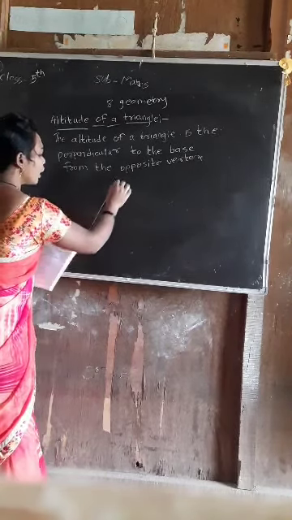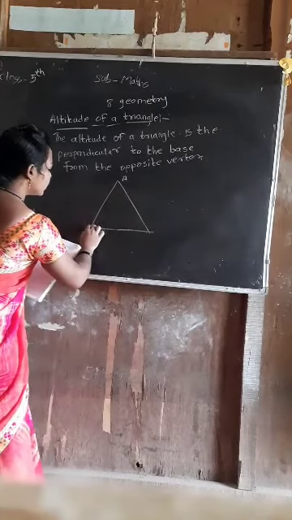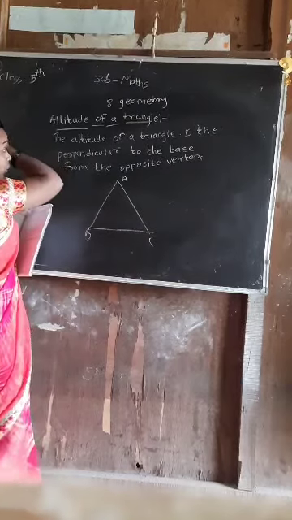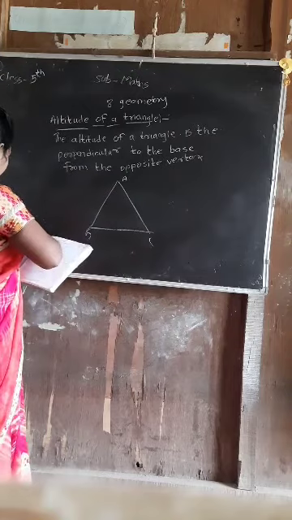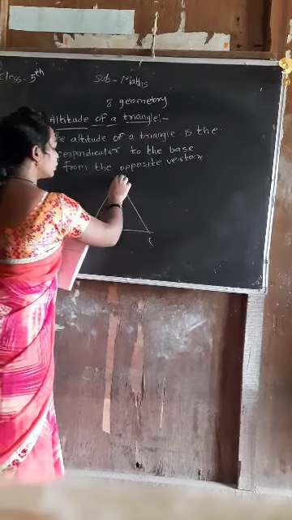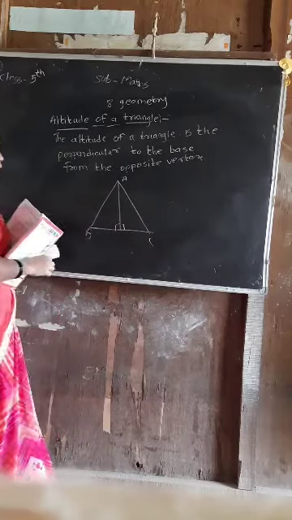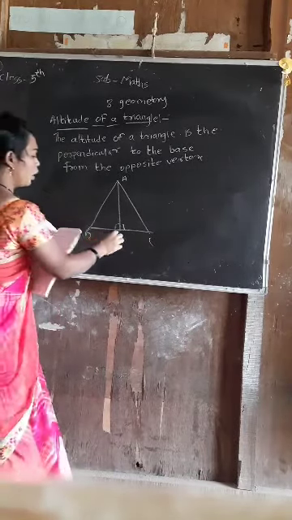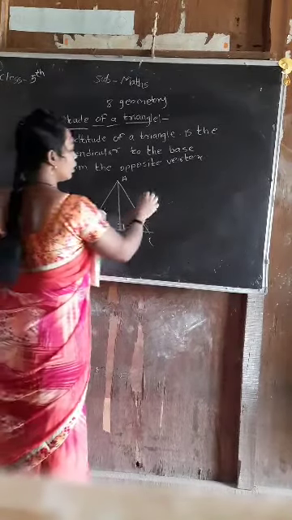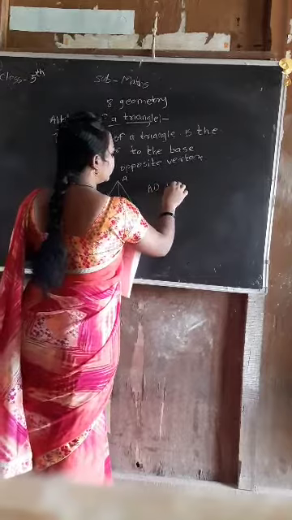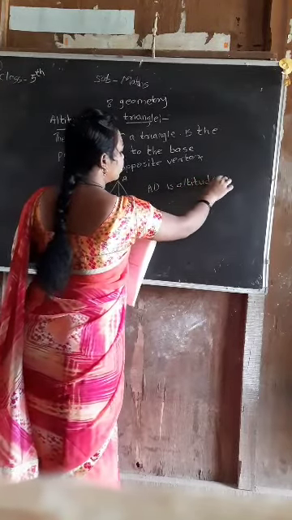Here we draw triangle ABC. Altitude means perpendicular to the base from the opposite vertex. From point A, AD is the altitude.